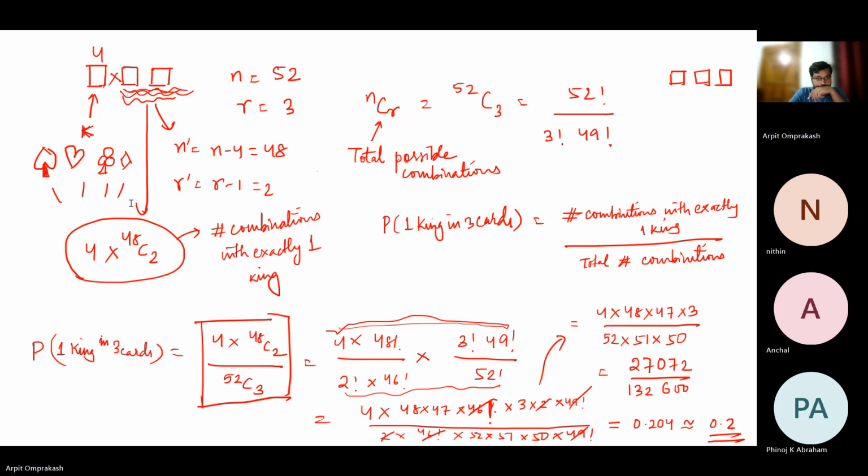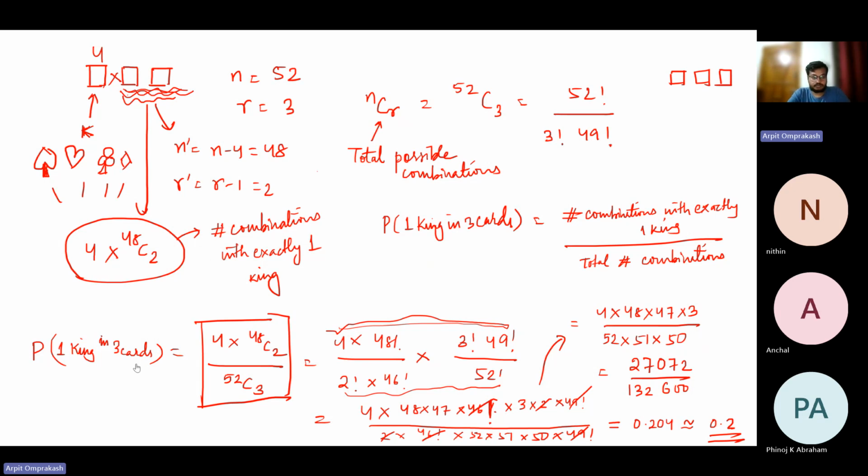For example, I'm not sure if this is the one that they use, but this is a calculator which you guys can try out.